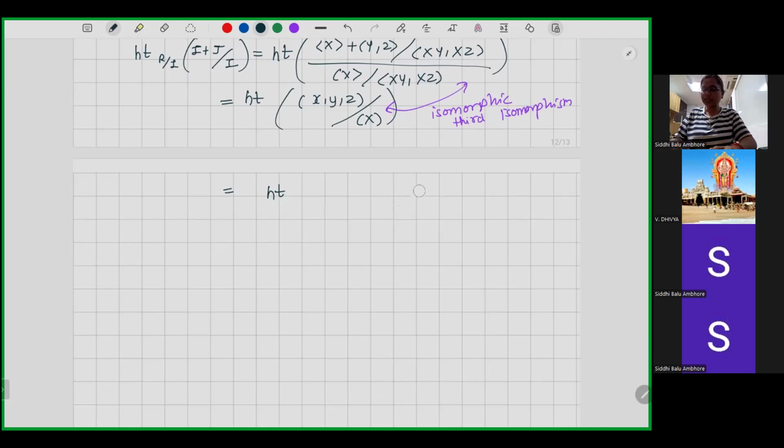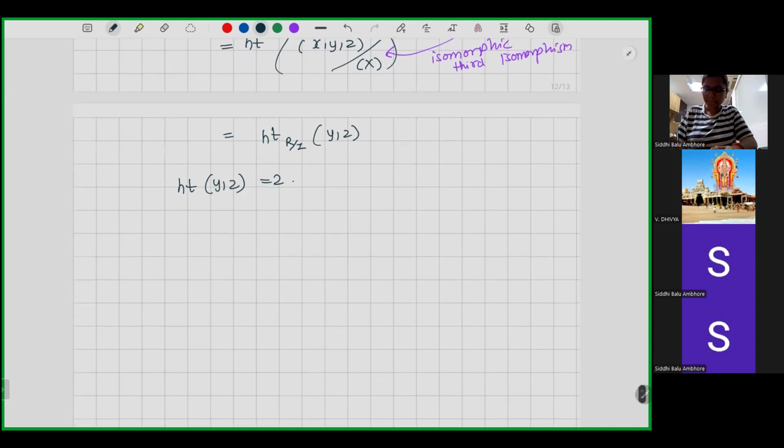The height of this ideal is, sorry, 1, because I have this y contained in y comma z.